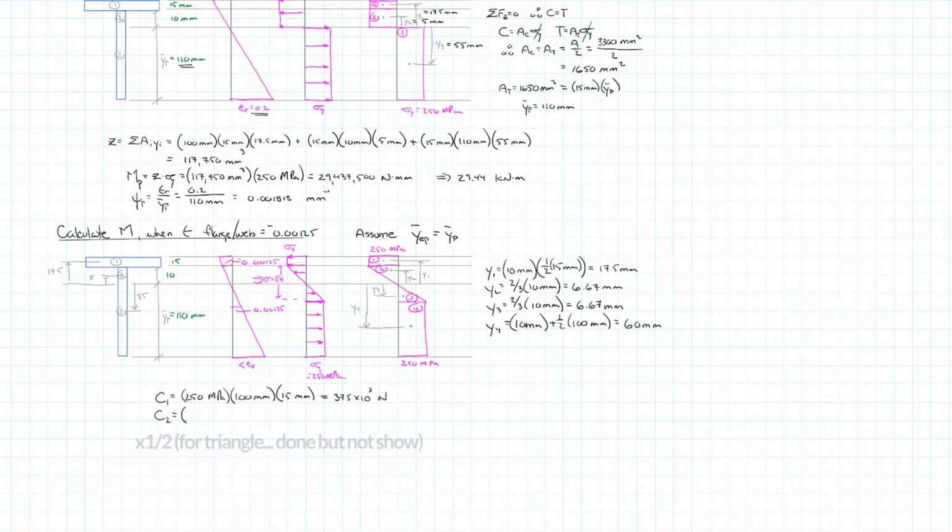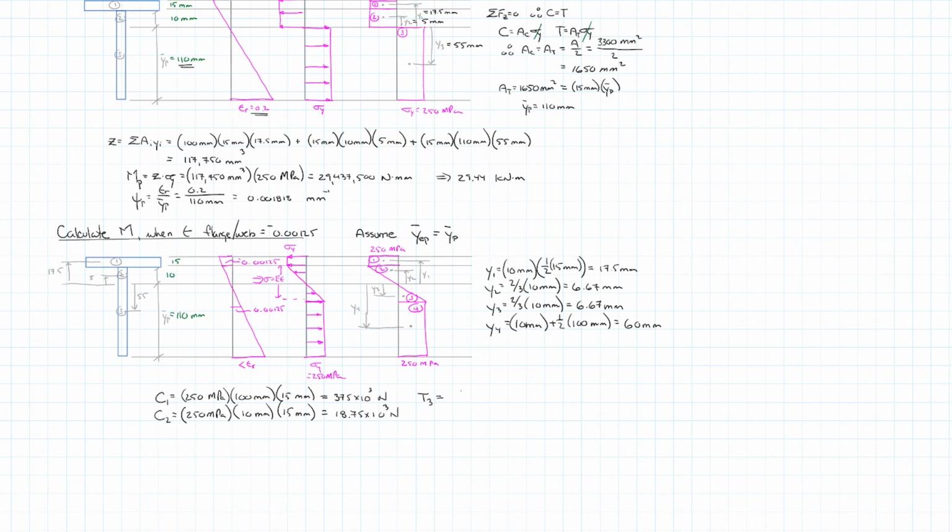C2 then is that triangular shape, so the maximum intensity of the stress is 250 MPa. Height of the triangle we know was 10 millimeters, and thickness of the flange is 15 millimeters. So that's equal to 18.75 times 10 to the third newtons.